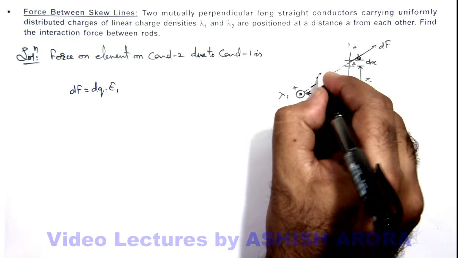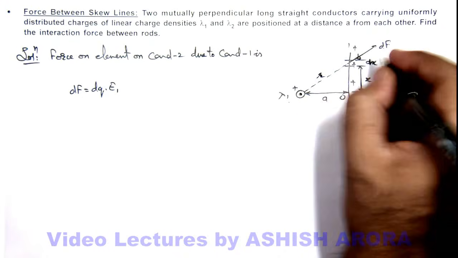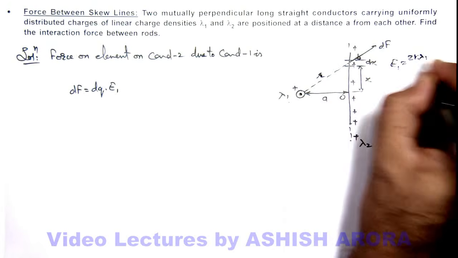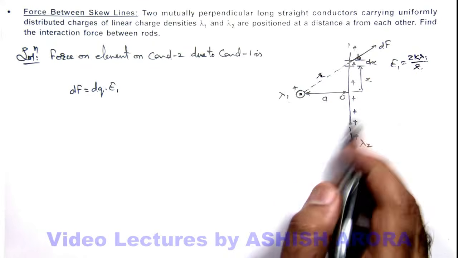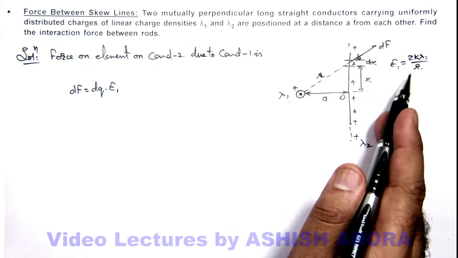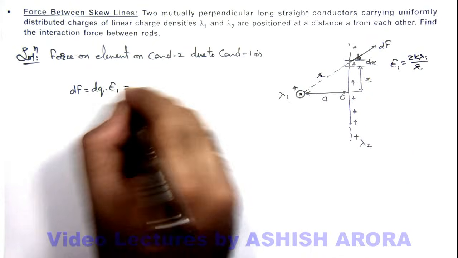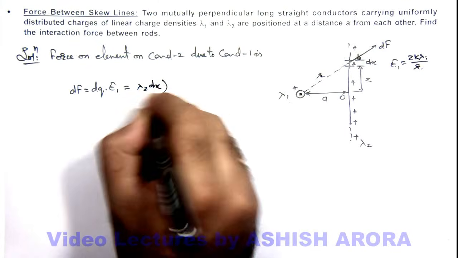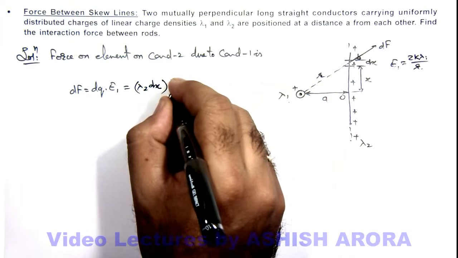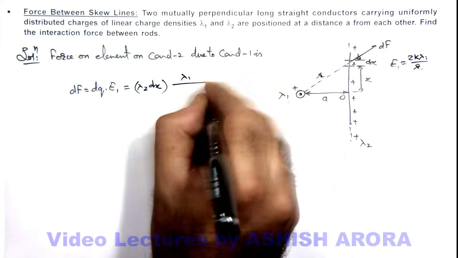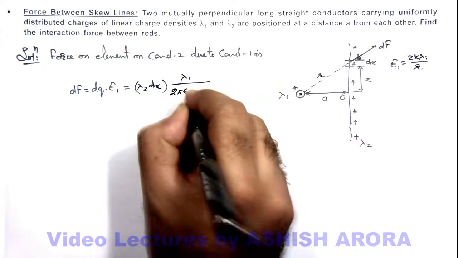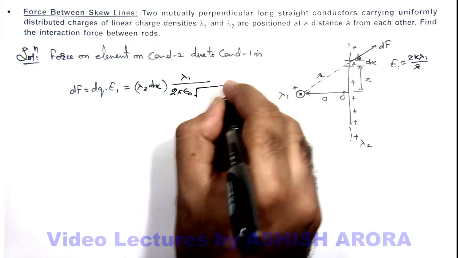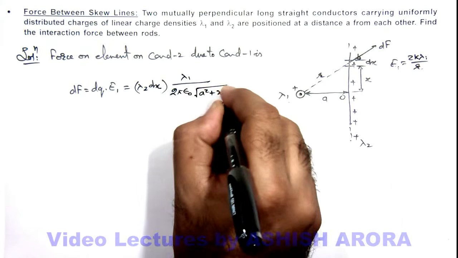If this distance is r, then the electric field at this point E1 we can write as 2k lambda1 by r, where k is 1 by 4 pi epsilon naught. Substituting the values, dq we can simply write as lambda2 dx, and E1 as lambda1 by 2 pi epsilon naught r. This distance r we can give as root of a square plus x square.